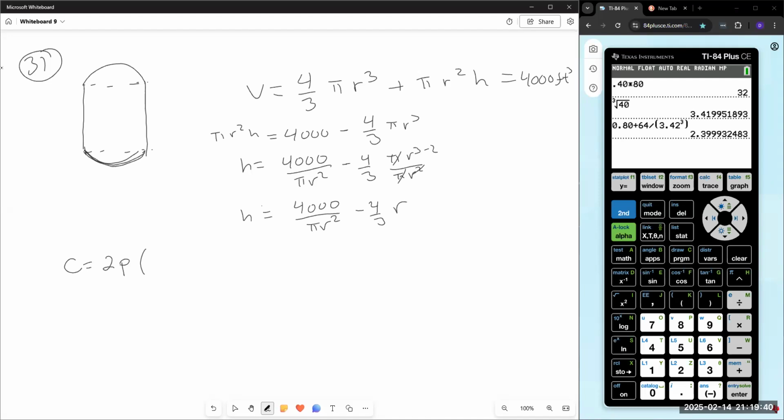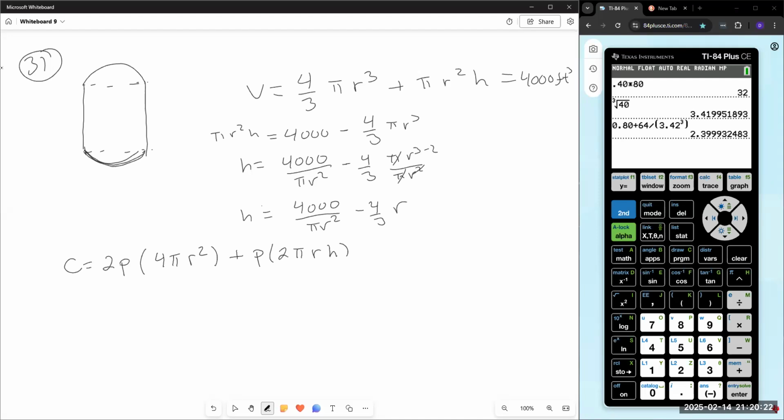Cost of the tank is 2p times 4 pi r squared plus p times, and this is surface area that I'm getting here, 2 pi rh. You can look up those formulas for the surface area of a sphere and the surface area of a cylinder. Let me show you what I did.